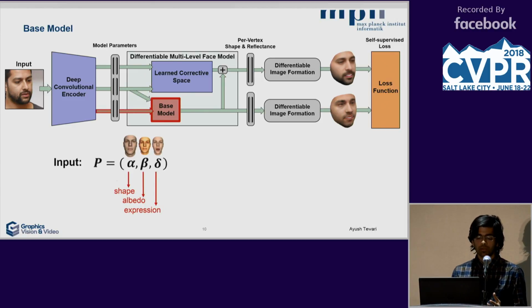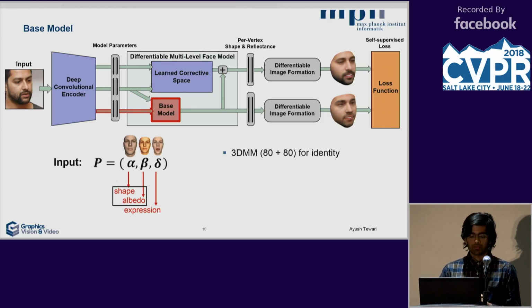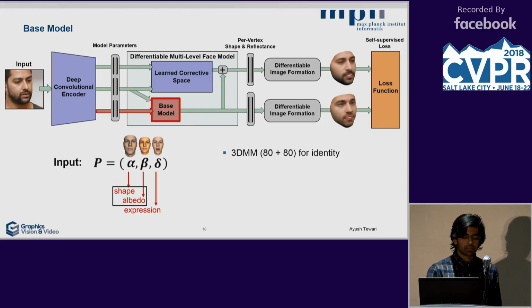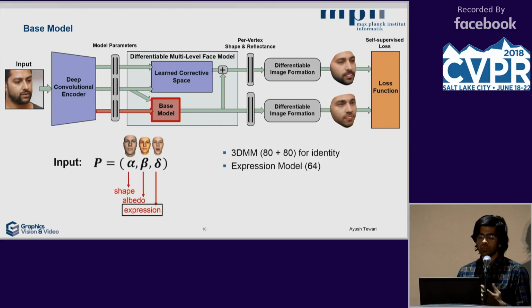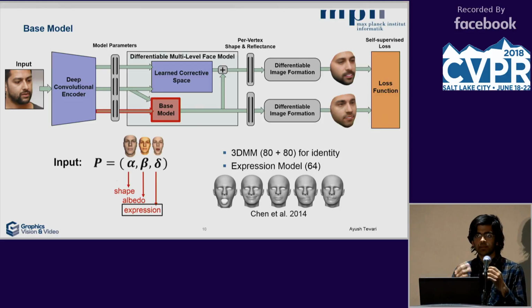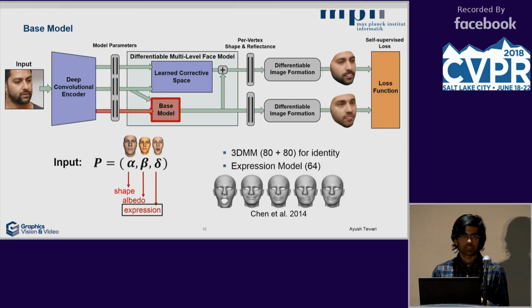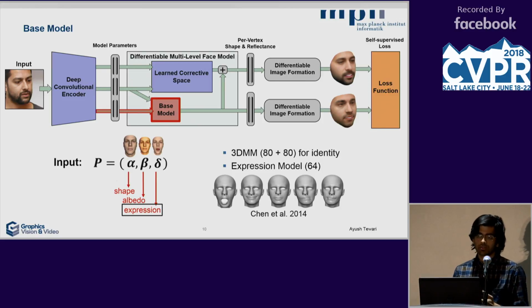Then we have the base model, which in addition receives some more semantic parameters. First of all, we have some parameters for the 3D morphable model I described. So we have some for the shape component, some for the reflectance, and using this 3DMM we can recover the identity part of the reconstruction. In addition, we use an expression model, which captures localized shape deformations of the face corresponding to different expressions.